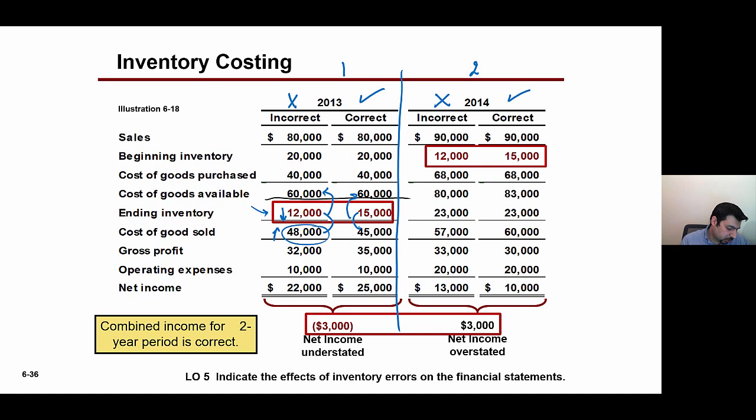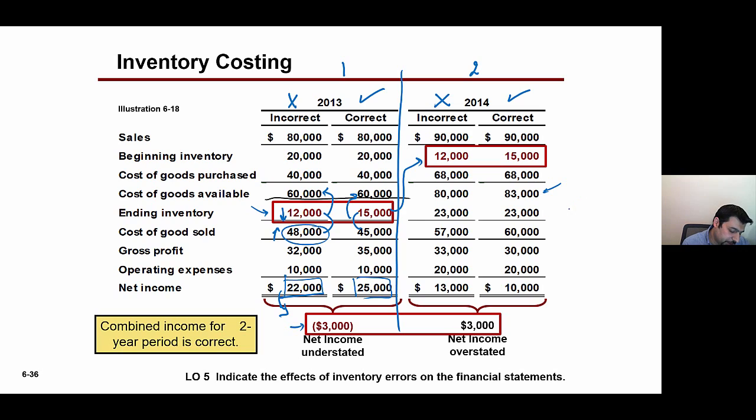Looking at this one, we see that the net income was understated by 3,000 in the first year. Now this ending inventory becomes the beginning inventory of the next accounting period. Here, because it is in the beginning inventory, there will also be an error in the cost of goods available for sale.